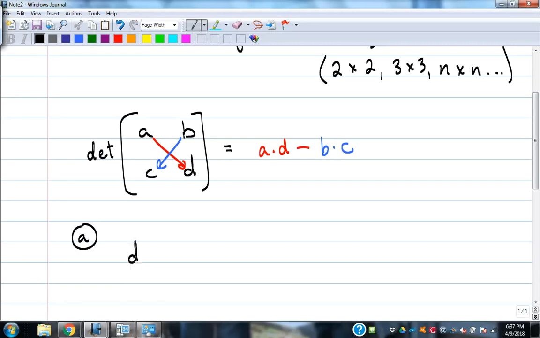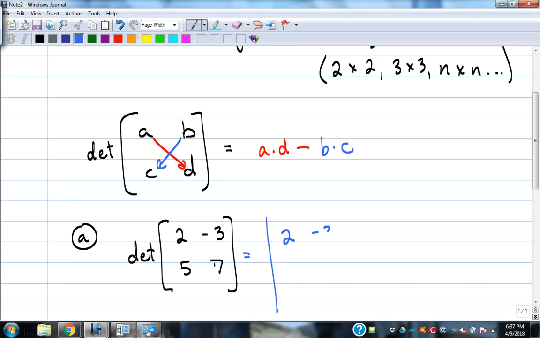So, sample A. Let's find the determinant of 2, -3, 5, 7. You might also see this written in this form without the letters DET in front, and instead of square brackets, they put just straight up and down lines. It looks like absolute value lines, but that also means find the determinant.